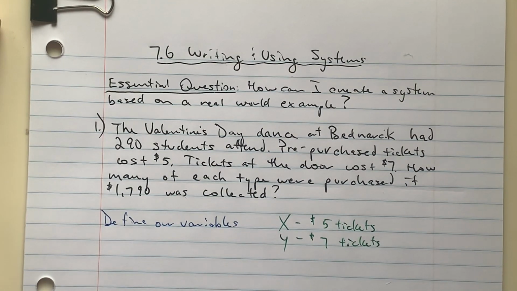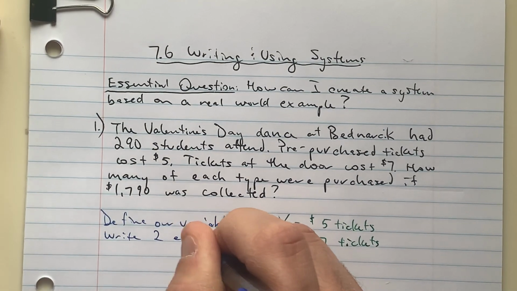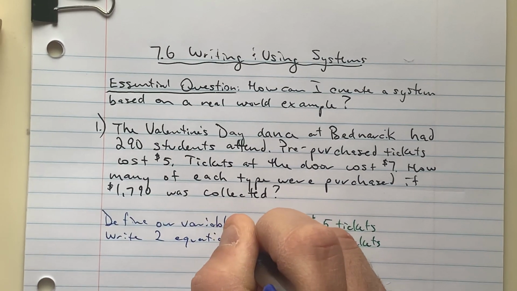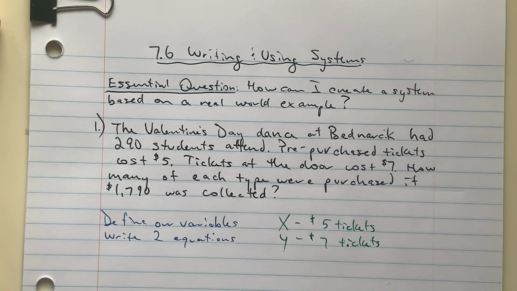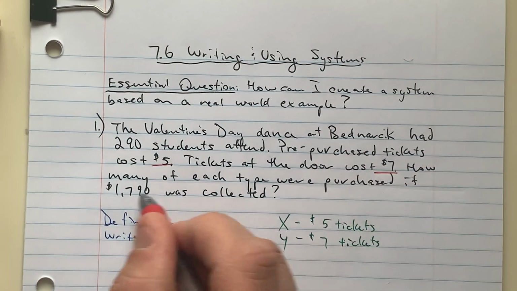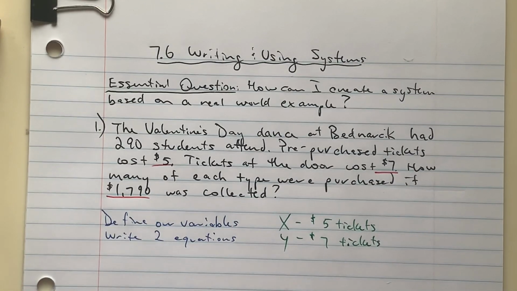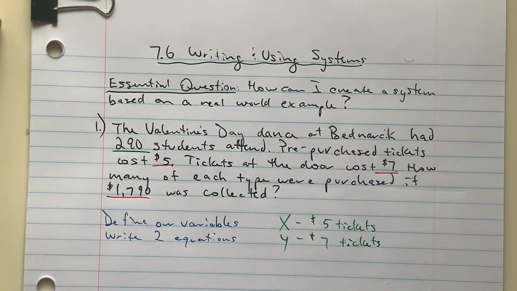From there, we should write our two equations. This has proved to be a little bit difficult in the past, but we have two different types of information given to us. We have our information that's dealing with money, and then we have our information that's telling us how many tickets were purchased.